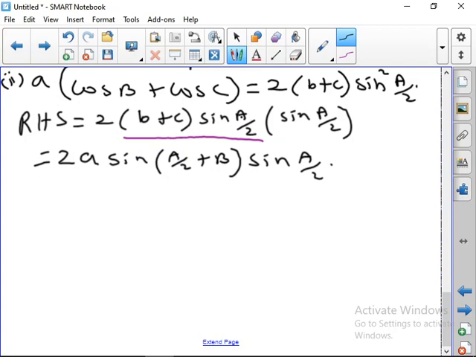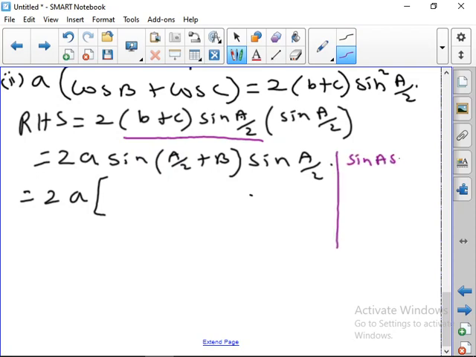Okay. So now this is equal to, what is it? So we get it is equal to 2A into sin A sin B we are going to use now. So what is sin A sin B?